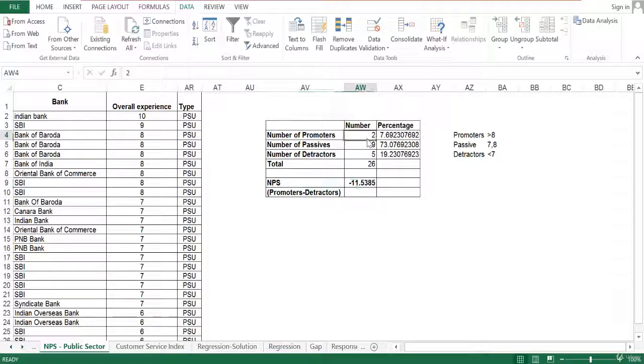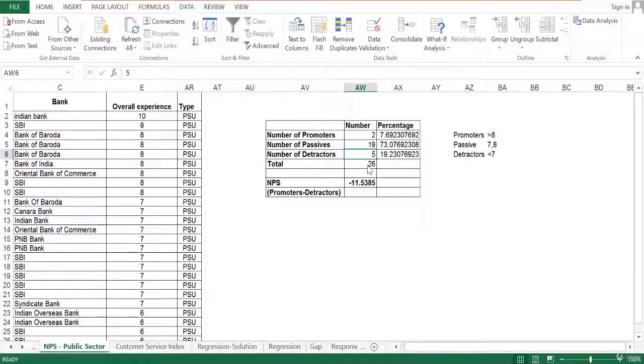The number of promoters is 2, so 2 customers have rated their overall experience as greater than 8. There are 19 respondents who gave a rating of 7 or 8. There are 5 respondents who gave a rating of less than 7 for the banks or the service they are currently using.